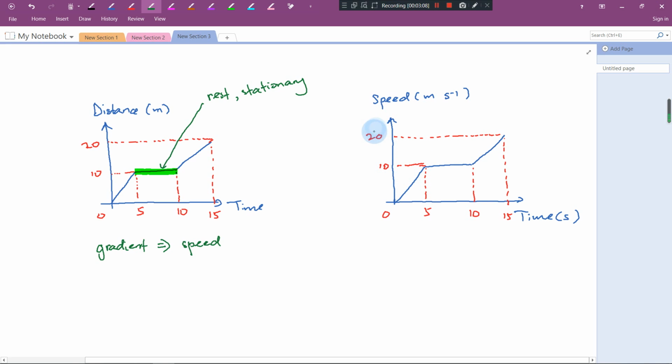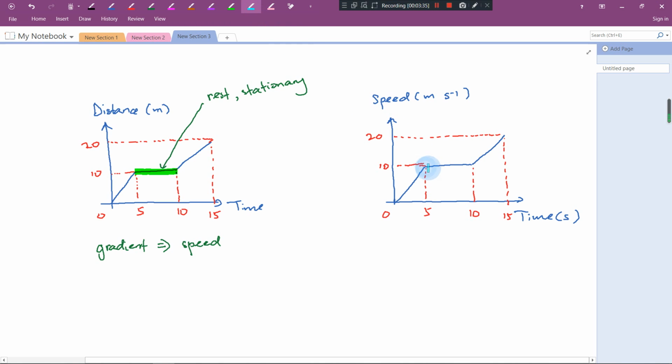Okay, from this graph, this 10, 20 doesn't represent distance, not meters, but speed. So from here, you will notice that the speed of the particle keeps on increasing, becoming faster and faster. Until the 5th second, the speed of the particle remains unchanged, becoming constant speed, 10.